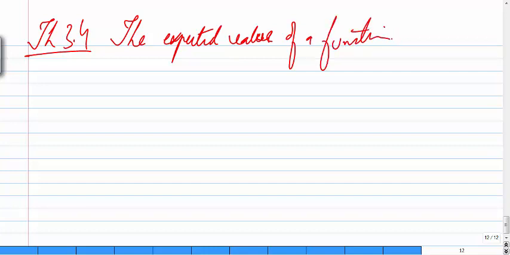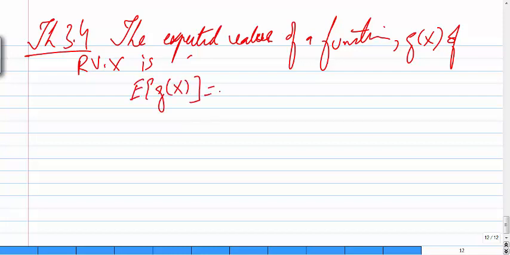From here we have a theorem, Theorem 3.4: the expected value of a function g of X of a continuous random variable X is equal to the integral from minus infinity to infinity of g of x, small x, f_X(x) dx.